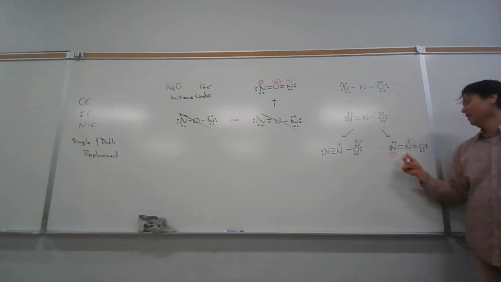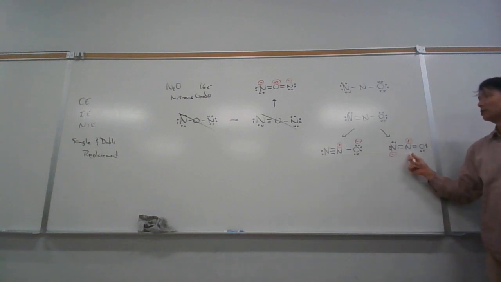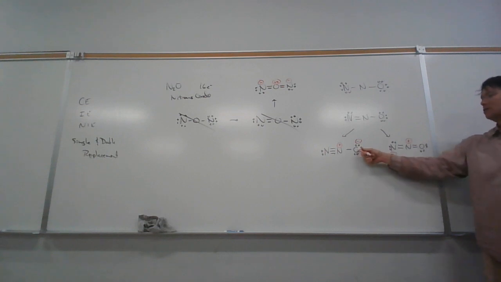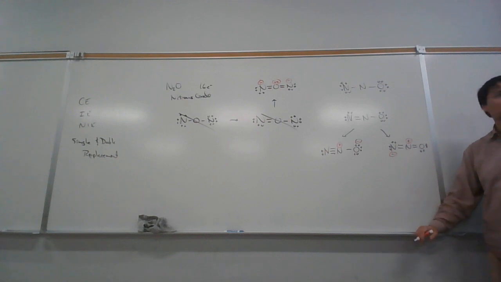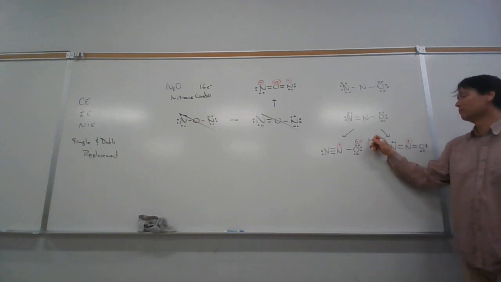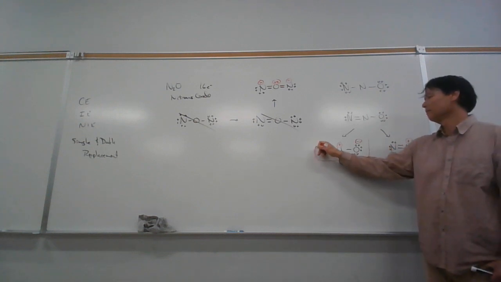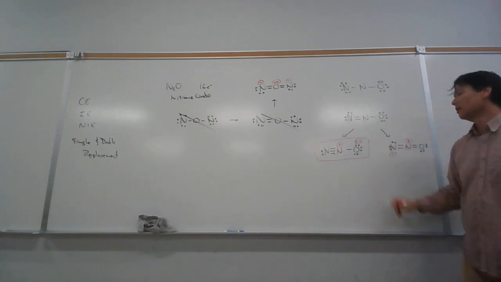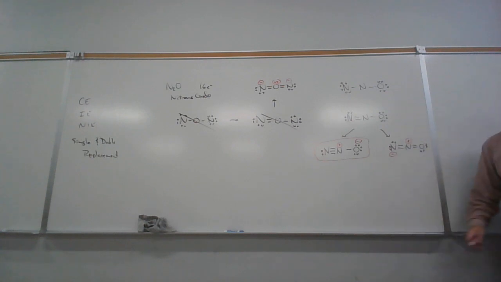All right, and so in this case, the nitrogen either way is going to have a positive formal charge. The difference is this one, oxygen gets the extra electron. This one, nitrogen gets the extra electron. Which one do you think is more favorable? Yeah, it's more favorable. But, you know, how big is the electronegativity difference between oxygen and nitrogen?